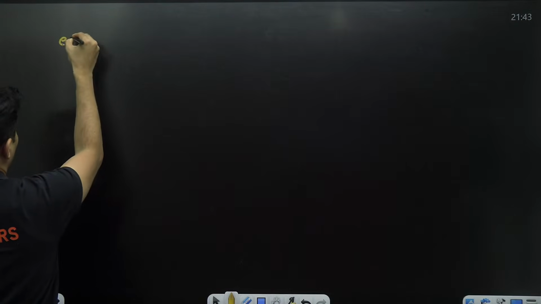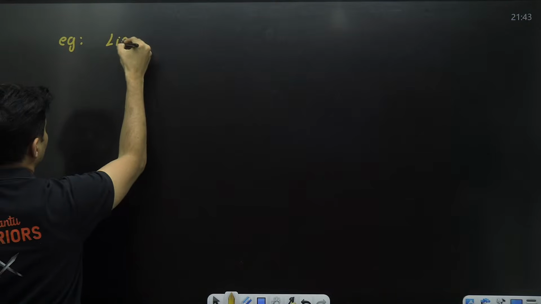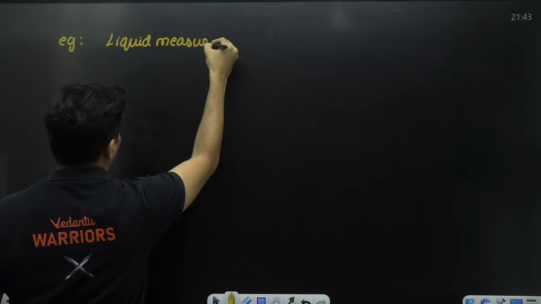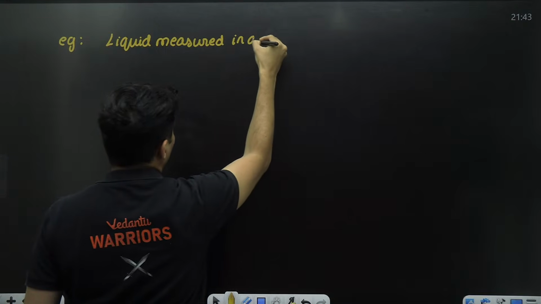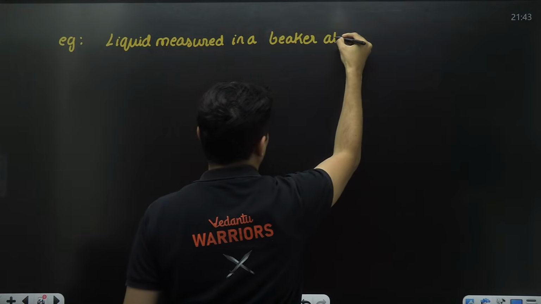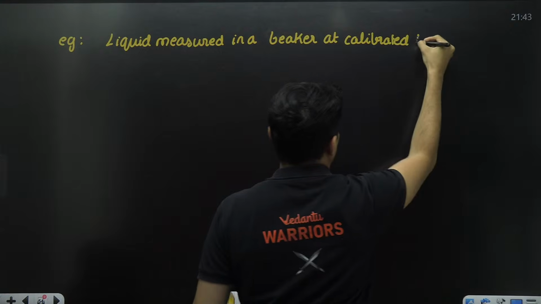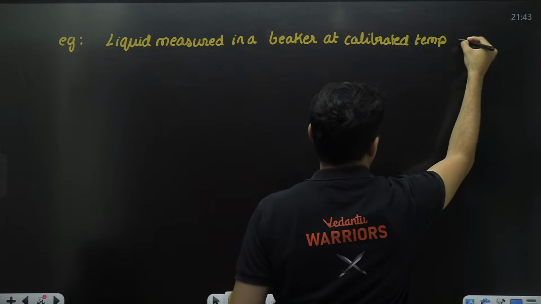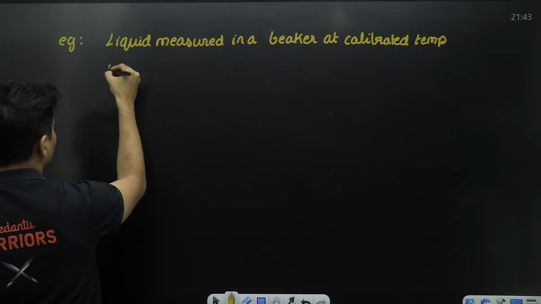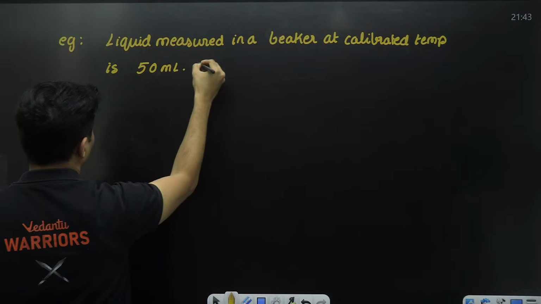Say for some liquid measured in a beaker at calibrated temperature, the liquid measured in the beaker at calibrated temperature is, for example, 50 ml.